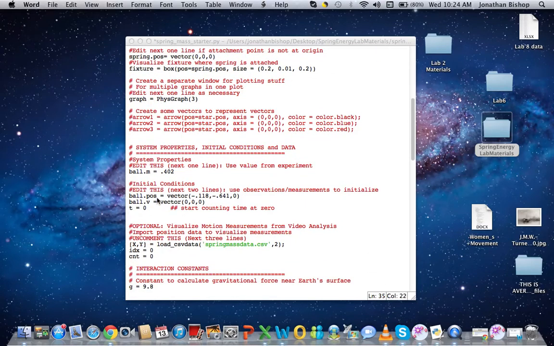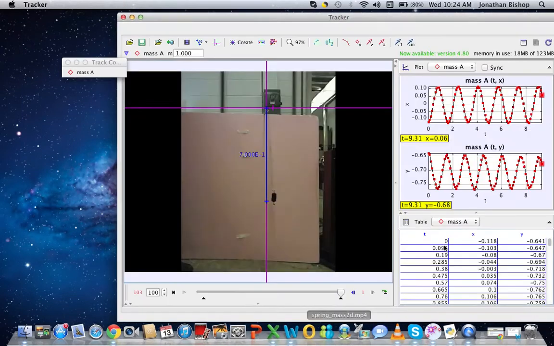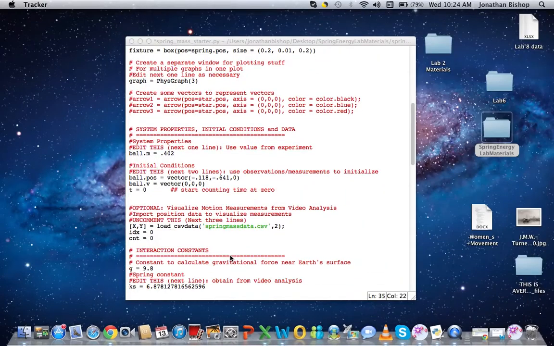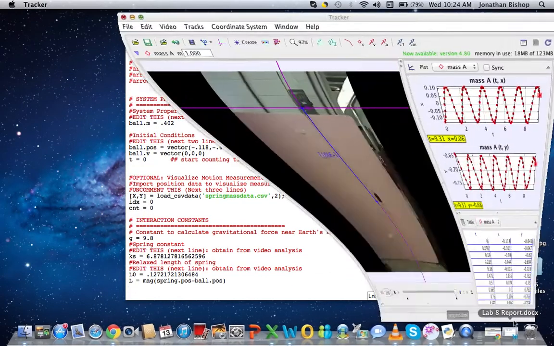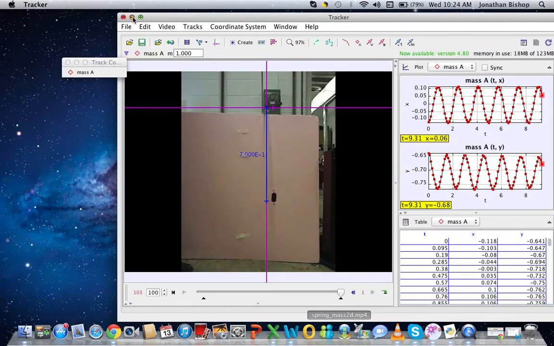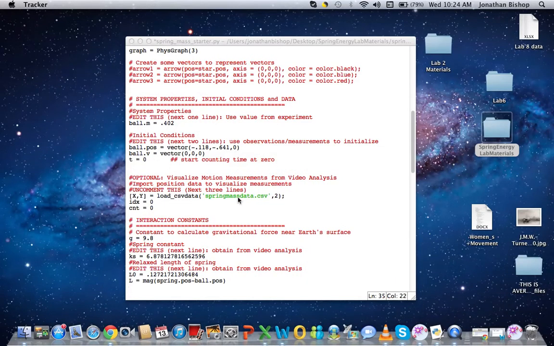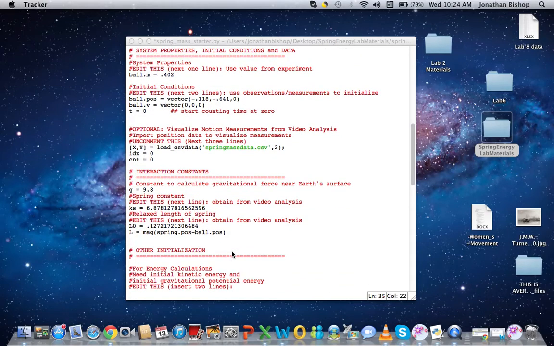And then I have the initial ball position as the same position as the position in tracker. And then I saved all these values into a CSV file, which I loaded into my model to show the position of the tracker while showing the position of my model.